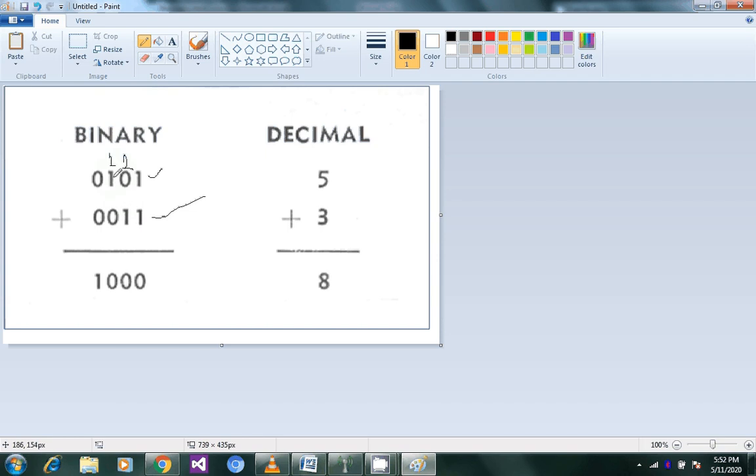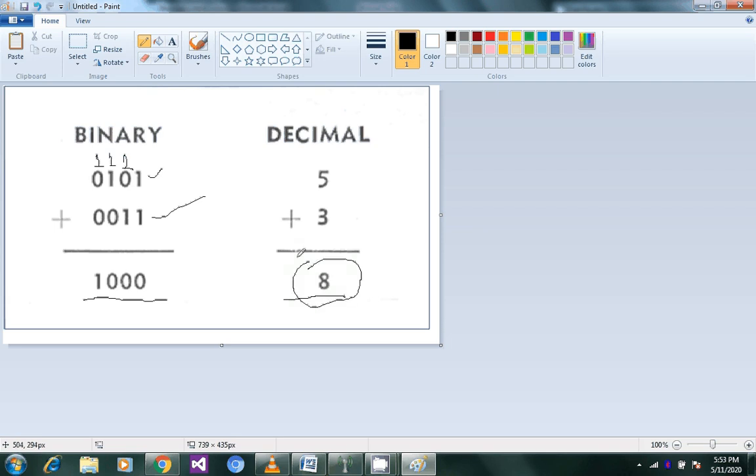This one is added to 0, so 1 plus 0 equals 1, and this 1 is again added to 1, which equals 0, and carry forward 1 again, and this one is added to these zeros. So 0 plus 0 equals 0, and 0 plus 1 equals 1. So the result is 1000, and in decimal conversion it becomes 8.